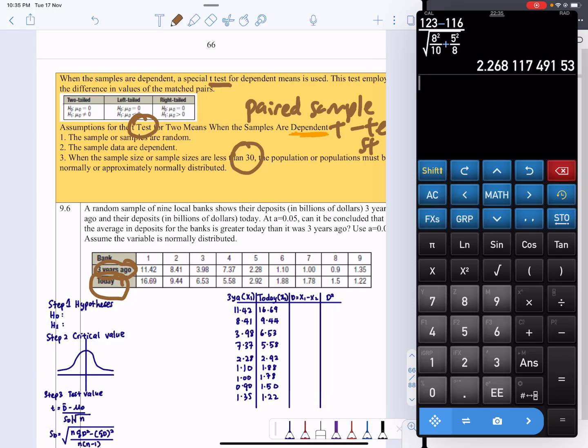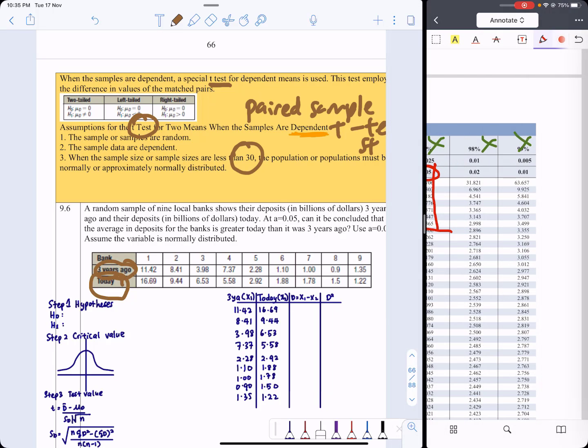You need to be very careful, because this one for the hypothesis is quite interesting, because you need to do a little bit of memorization. What I always tell students: if today is greater, mean D is less than 0.